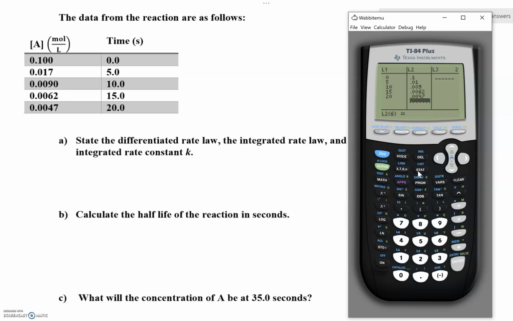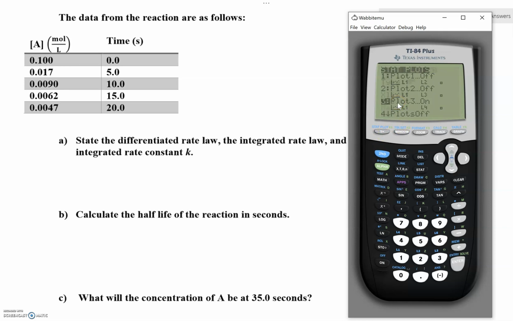And it's always a good idea to double check to make sure that you entered it correctly. And I see right off the bat that I did not enter this one correctly. It should be 0.017. And that is better.